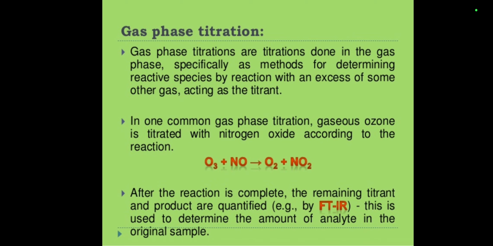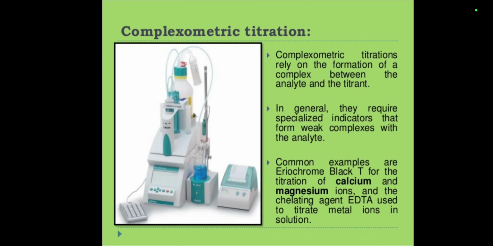So if there is an involvement of the gas phase, that titration is called gas phase titration. And the elements in the compound below that you are now seeing, the product and the reactant, that is a constant in the gas phase titration.